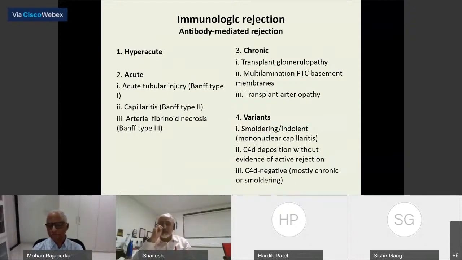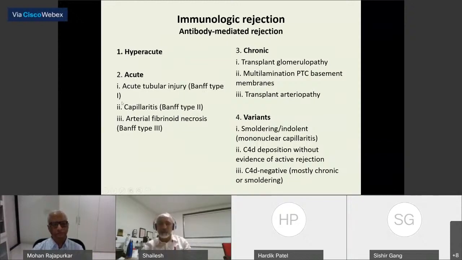First of them is the hyperacute, which nowadays is very rare to see, followed by acute antibody-mediated rejection, which is more common and is seen in the first week or first month of the transplant.